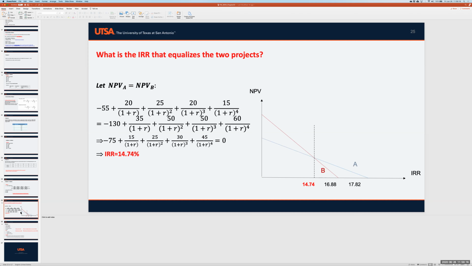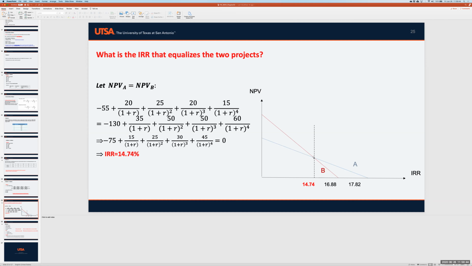So let's look at it this way. Let's equalize the net present value for project A and project B, which equates the NPV calculations. We find the IRR is 14.74.